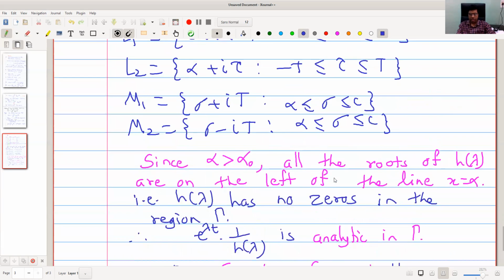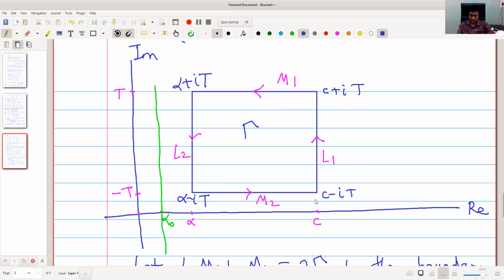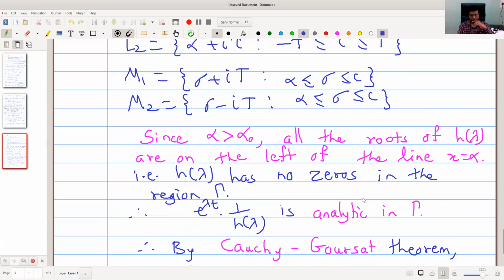Now this means this integral along the boundary of gamma means integral along L1 plus integral along M1 plus integral along L2 plus integral along M2. Okay, so we split that integral into these four integrals.